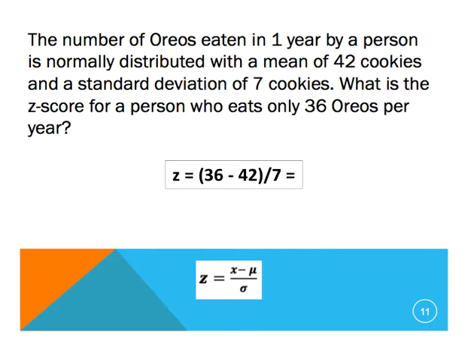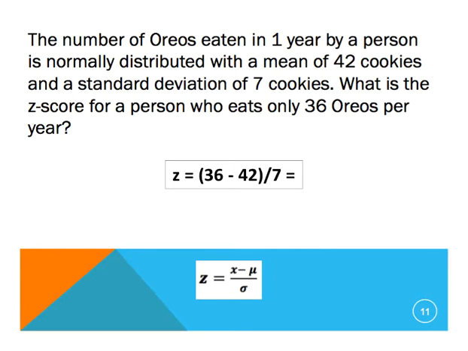This one is going to be a negative z-score, because we have a person who is eating a smaller number of Oreos than the average person. If you have things below the mean, you get a negative z-score. If you have things above the mean, you should have a positive z-score.